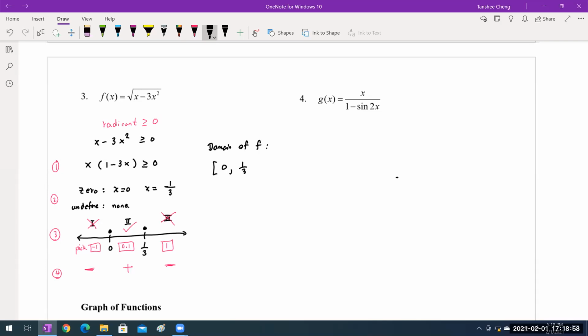And then make sure you put down the brackets on each of the cases. Okay? And that will be the interval notation for this function. And set builder notation will be the set of x such that, since we are talking about the values between these two, x is greater than or equal to 0 and less than or equal to 1/3, a closed set. And this will be my answer for this particular one.